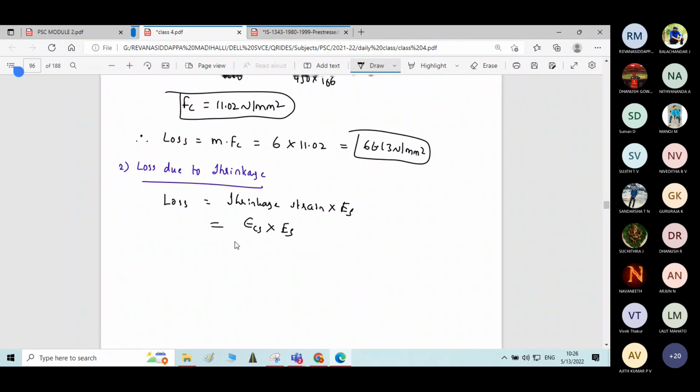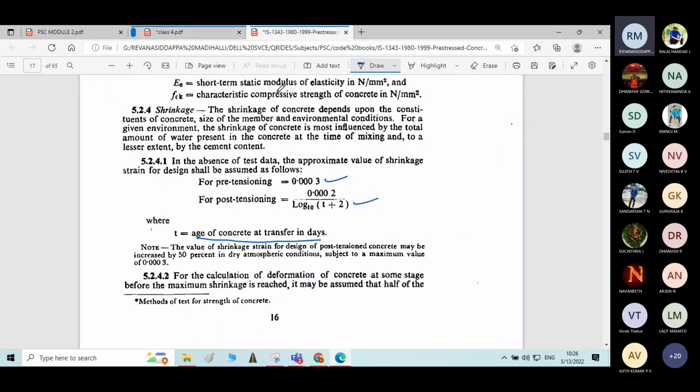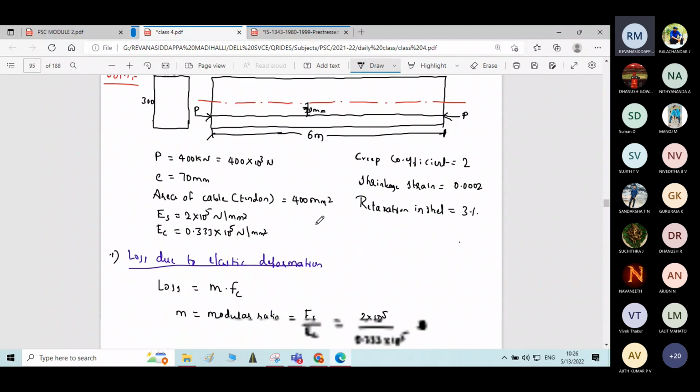Shrinkage strain, is it given in the problem? Yes, it is given. If it is not given, in the code book it is available. 0.0003 for shrinkage in a pre-tension member, you need to take that. Here it is given as 0.0002, that you take.